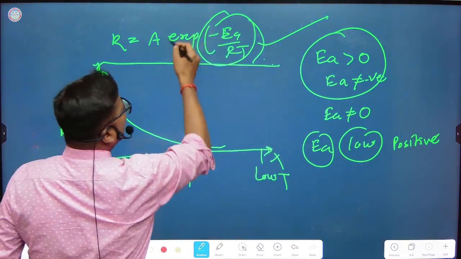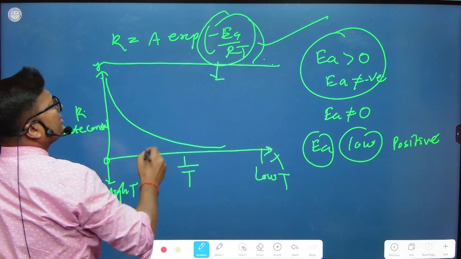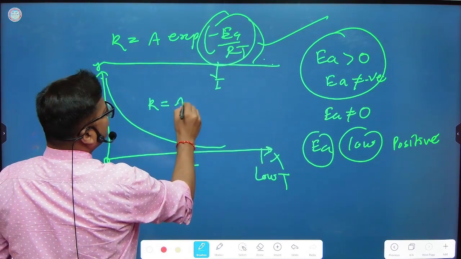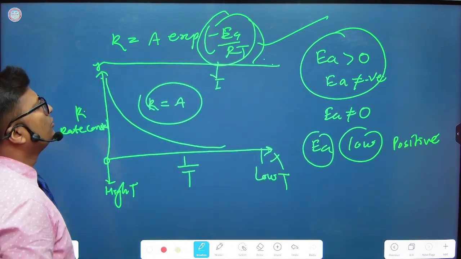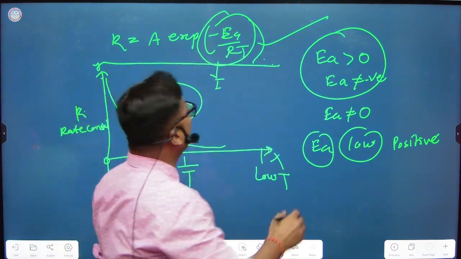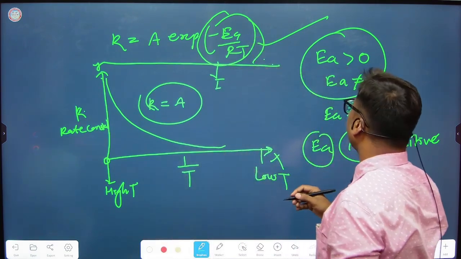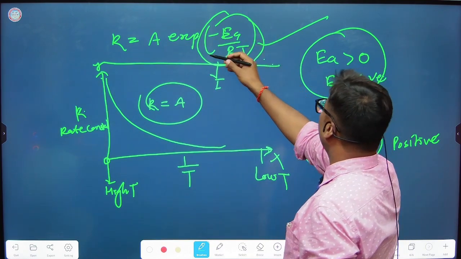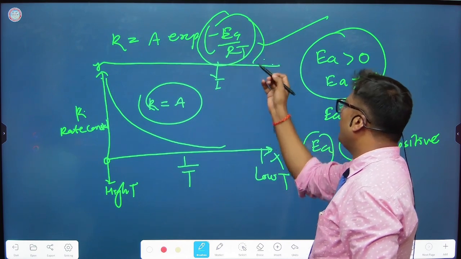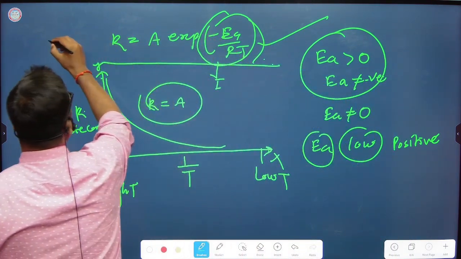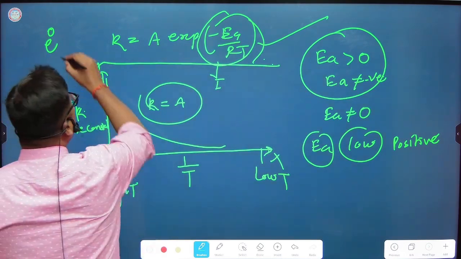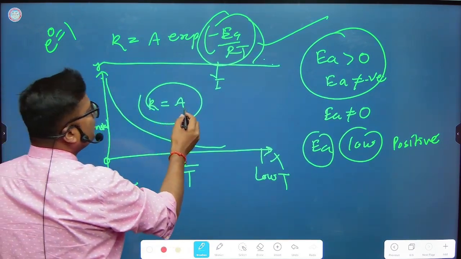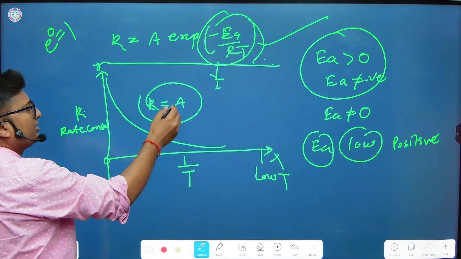If this value ultimately attains 1, then K is equal to A. So if the ratio EA over RT is such that the exponential of this value is 1, or simply, if we get e power 0, then we get 1.